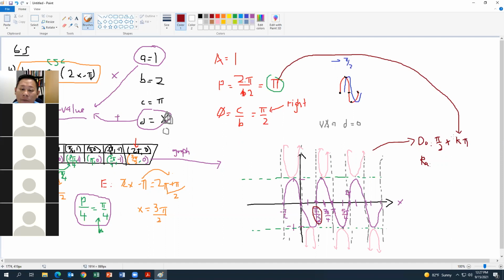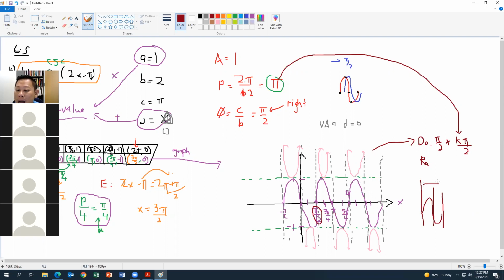But if you do sine, cosine, tangent, cotangent, yes, that is correct. But if you're doing secant and cosecant, then make sure that you make this over 2. The reason why is because when you just do K pi, you're doing the whole cycle. But as you know, we got asymptotes on either end.